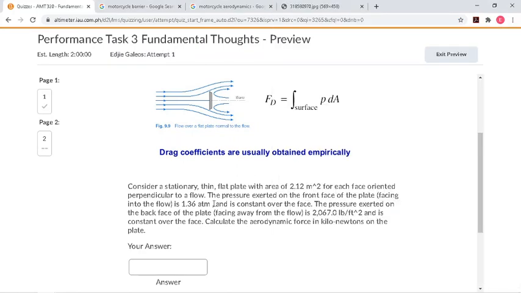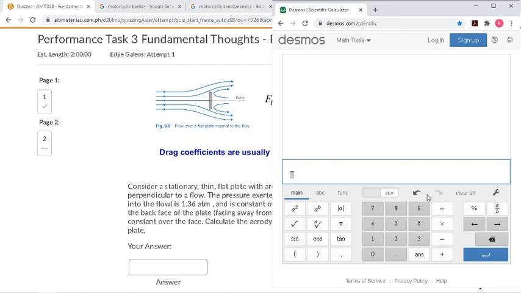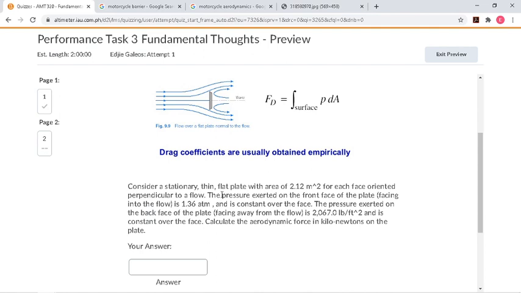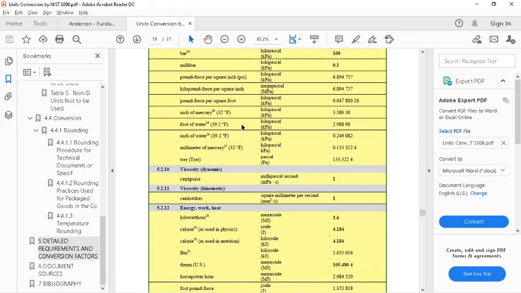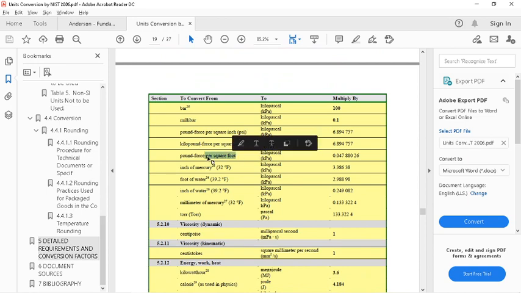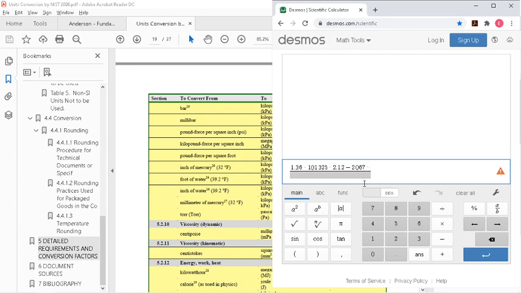So let's put that in our calculations. Here, 1.36 first, times 101325 times the surface of 2.12, minus 2067 times the conversion from pound force per square foot to pascals, which is 47.88026, so this is in pascals, times the surface 2.12.